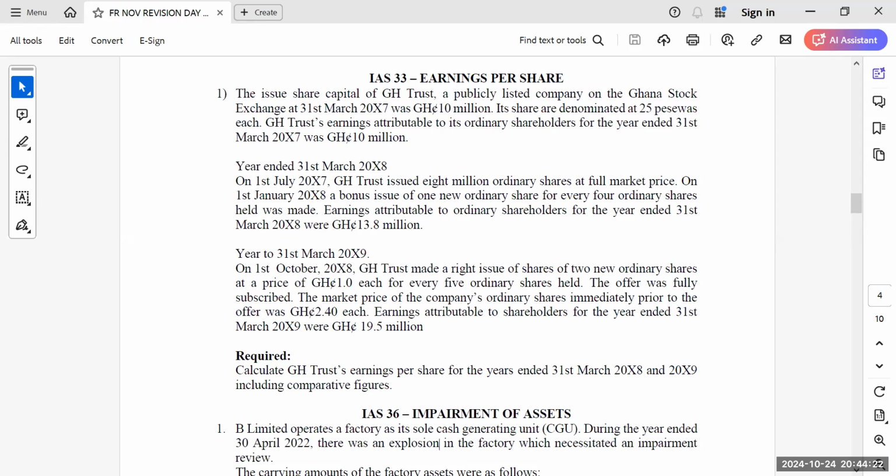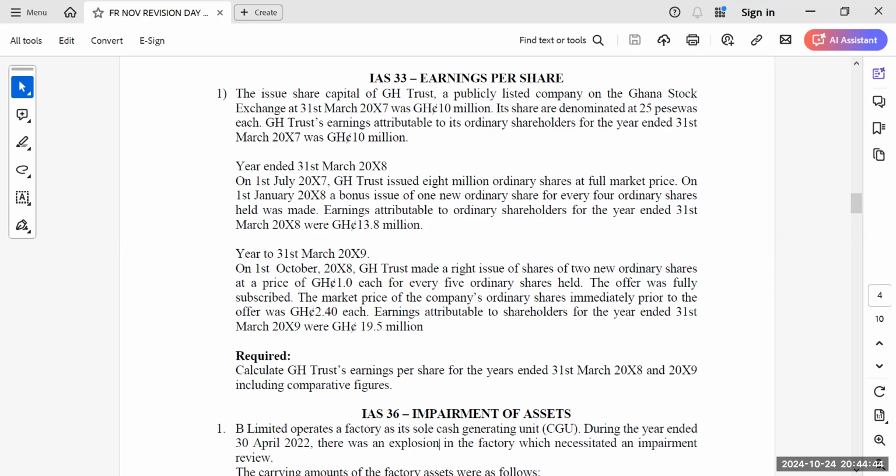So 1st April, 2x7, they will still have the 40 million shares there. That is their shares in issue. On 1st July, 2x7, the entity issued 8 million ordinary shares at full market price, isn't it?